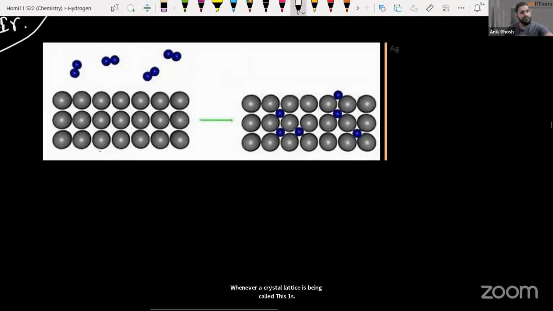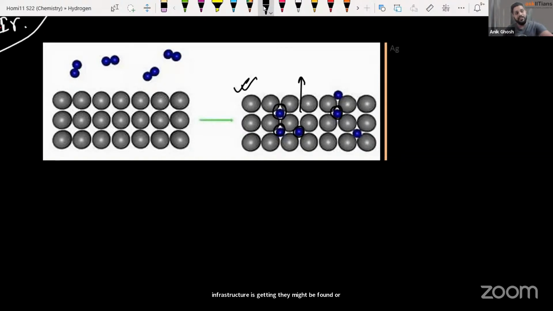A crystal structure is being formed, like here. The hydrogens, being very, very small in size, while the crystalline structure is getting formed, might place themselves in the interstitial sites. This is called interstitial sites.